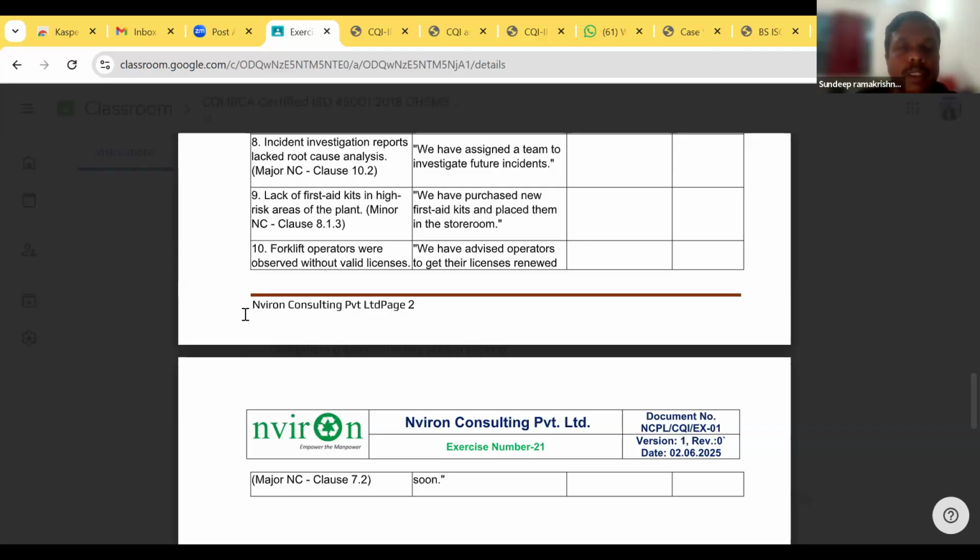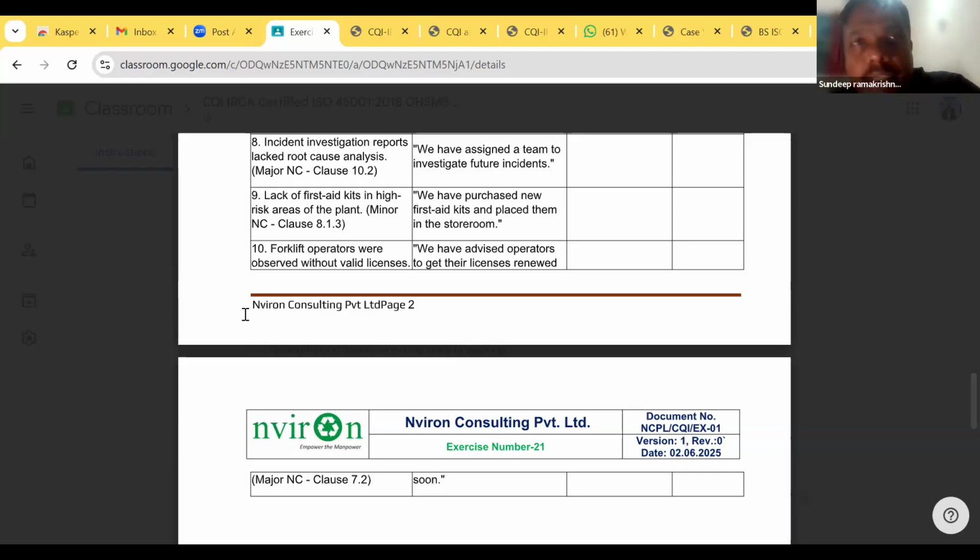So as auditor in the audit, you have seen that they have not done a proper root cause analysis. For example, where the employee slipped and fell down because of the wet floor. So what is it that you want to correct? He's saying we will investigate future incidents.